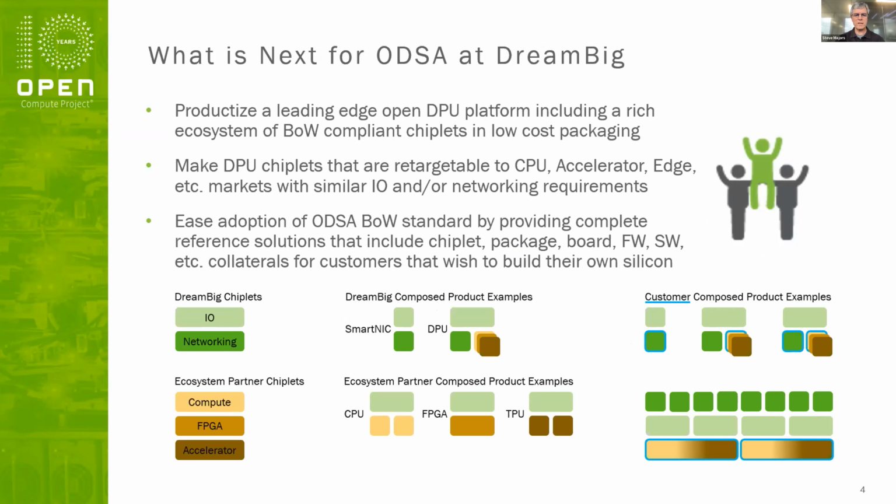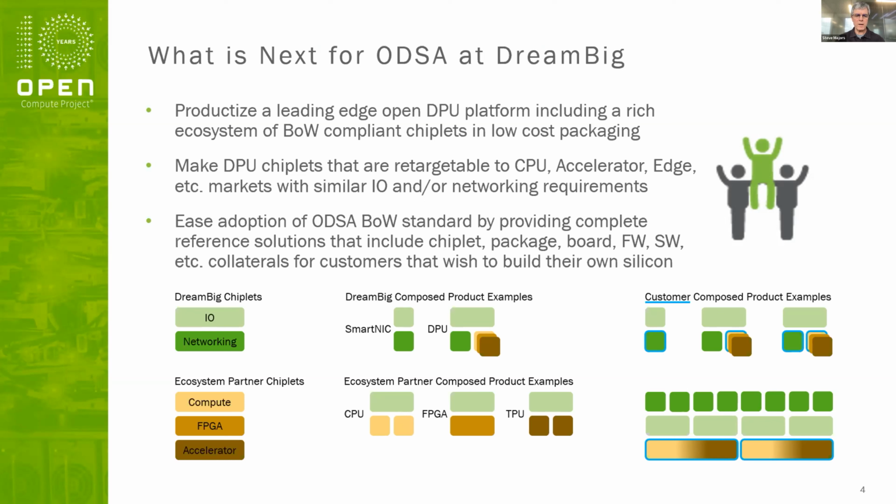And we're easing the adoption of the ODSA BOW standard by providing complete reference solutions that include our chiplets, our package designs, board designs, firmware and software, and so forth. All of the collaterals that customers that wish to build their own silicon solutions would need and can benefit from.